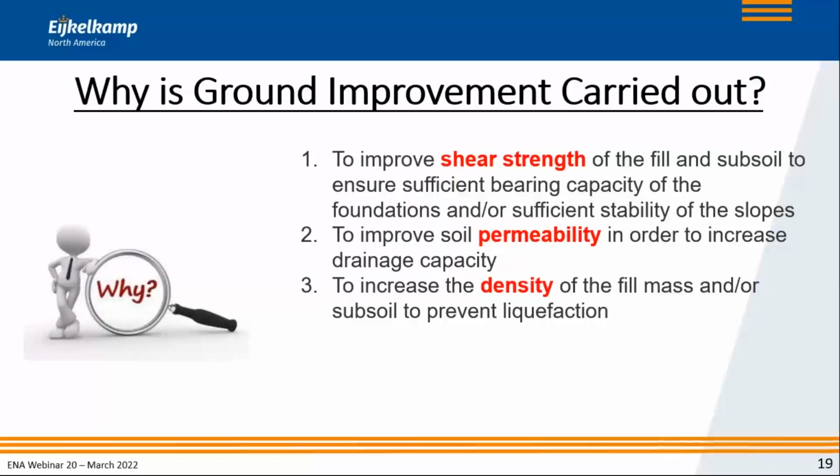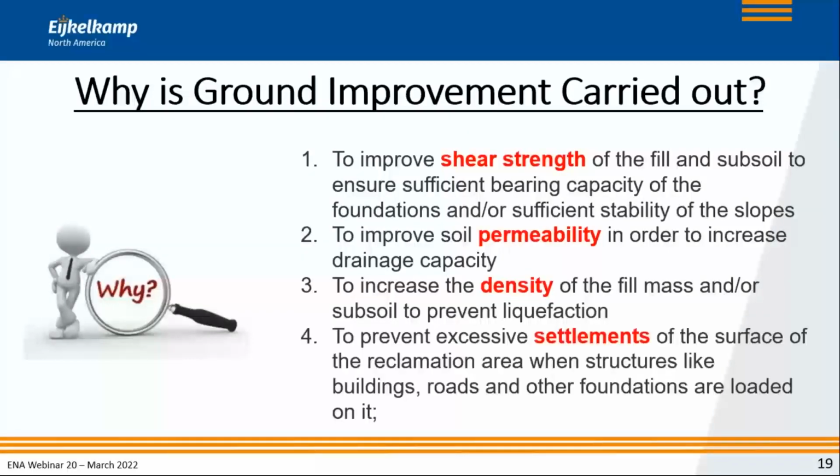do your soil improvement. And then the fourth element is to prevent excessive settlements. If you are doing your ground improvement, if you are in an area where you can have major settlements, you can do things to make sure that once you have the soil improvement applied, those settlements are going to be reduced. So those are the four major objectives for ground improvements.